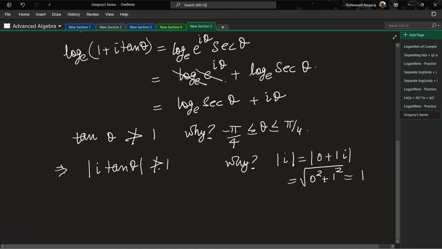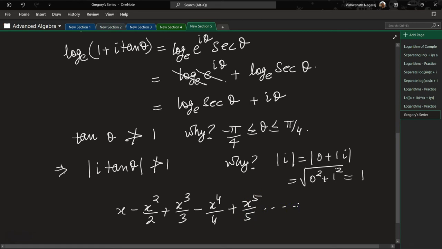Now, do you remember any series which goes like this? x minus x square by 2 plus x cube by 3 minus x to the 4 by 4 plus x5 by 5 and on and on and on.